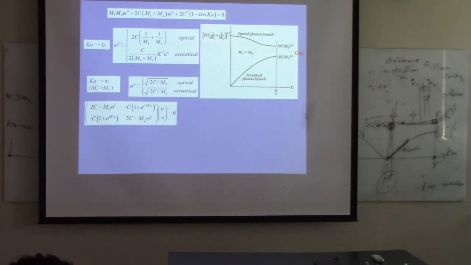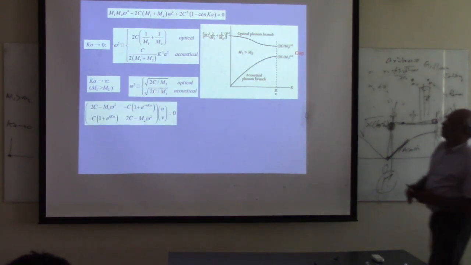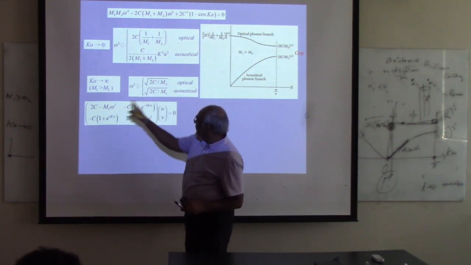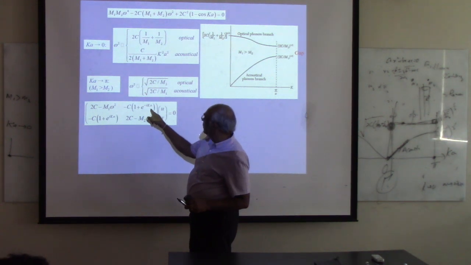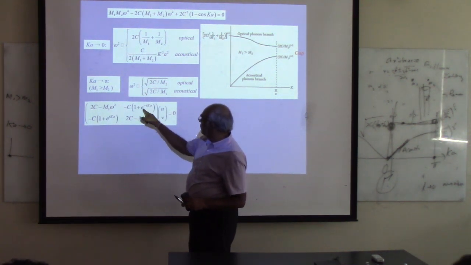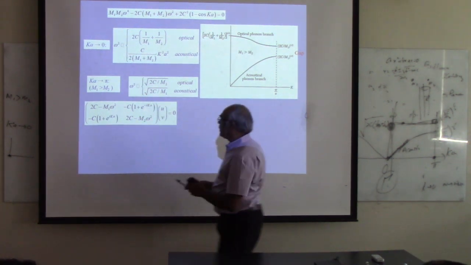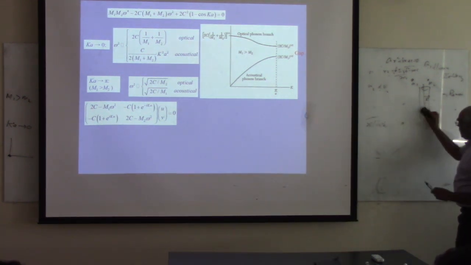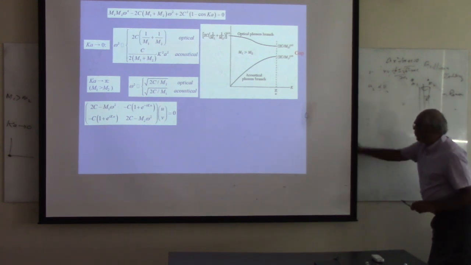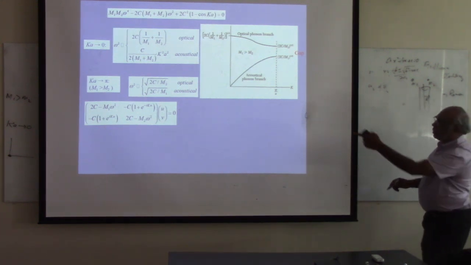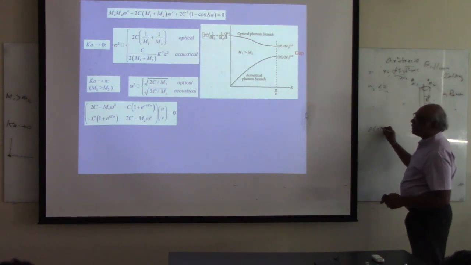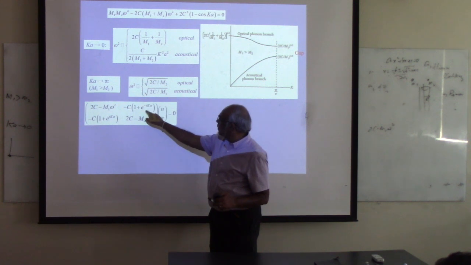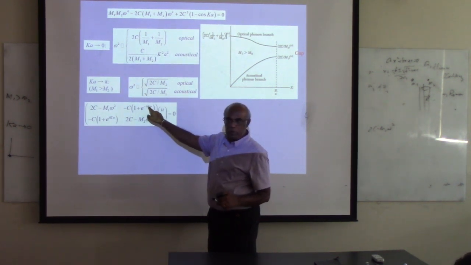Now if you want to calculate, as Ka goes to 0, this becomes 1. Then what happens? Just try to understand U and V. How do you calculate U and V? If you write this one, 2C minus M1 omega squared, in the limit Ka goes to 0, e to the power 0 is 1.